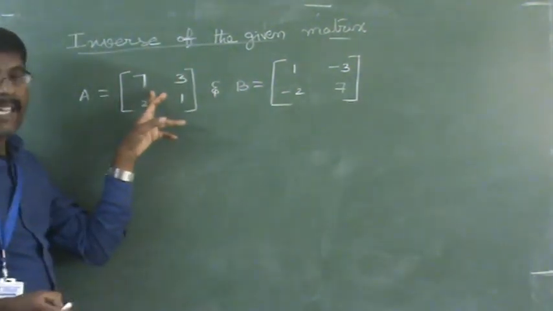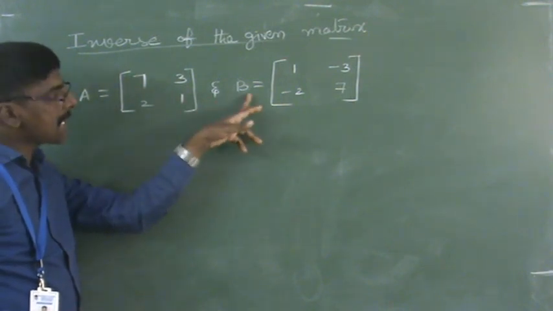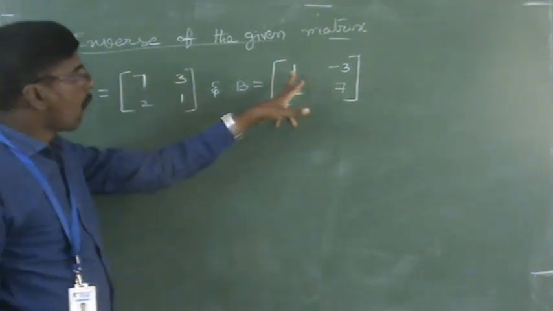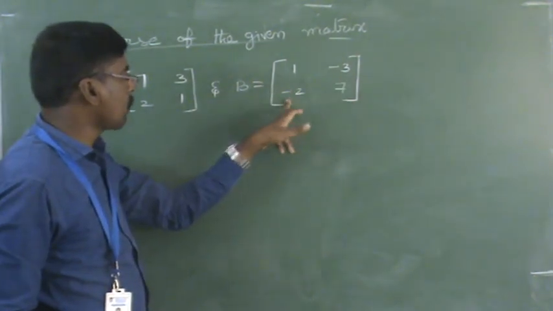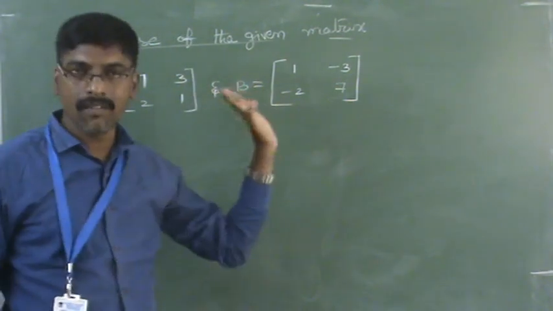Okay, matrix A is 7 3 2 1, and matrix B is 1 minus 3 minus 2 7. I am taking two square matrices of the same order.